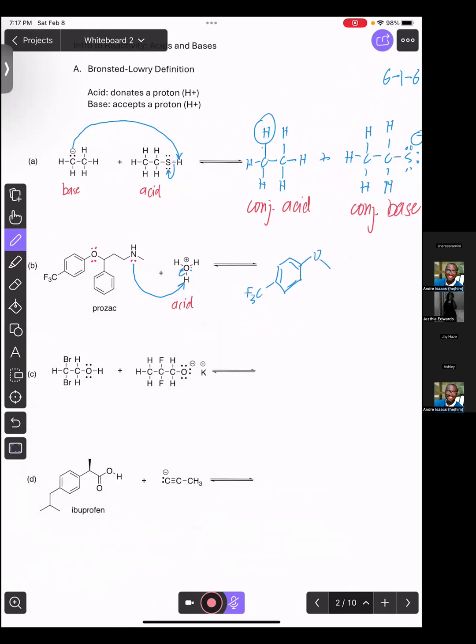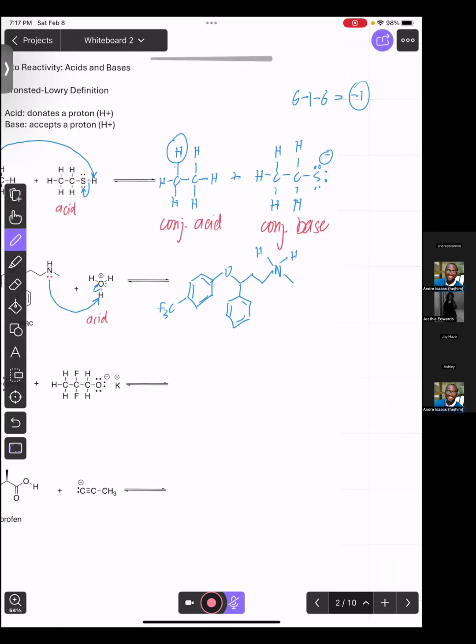The oxygen did not participate in this reaction, so we will draw it back and leave it the way it is. However, the nitrogen now has 2 hydrogens attached. It had one before, and now it used its lone pair to get another one, which means it must have a formal charge of positive: 5 valence minus 4 sticks.